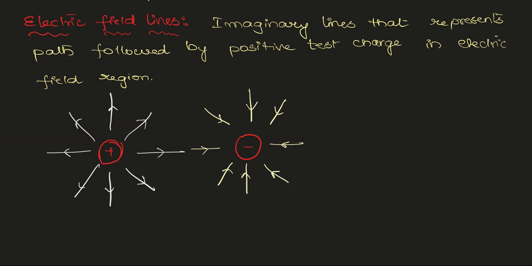And if we are having a system of positive and negative charges, electric field lines will originate at the positive charge and they will terminate at the negative charge.